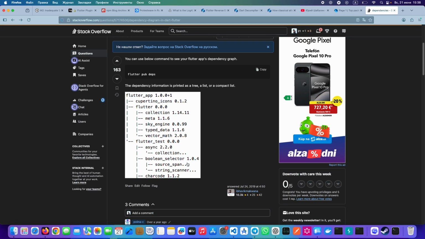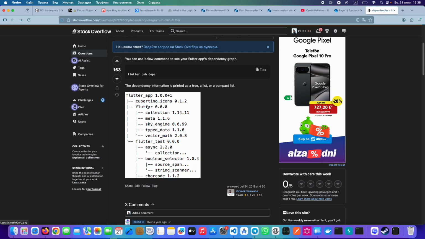Even if you trust the maintainers of a specific package, it doesn't mean the package is safe, because you don't know what other packages it uses.